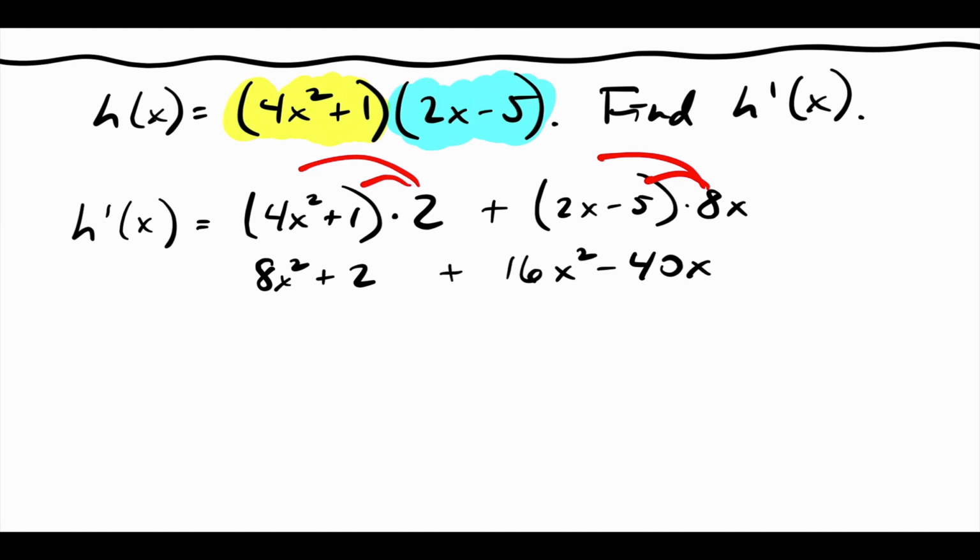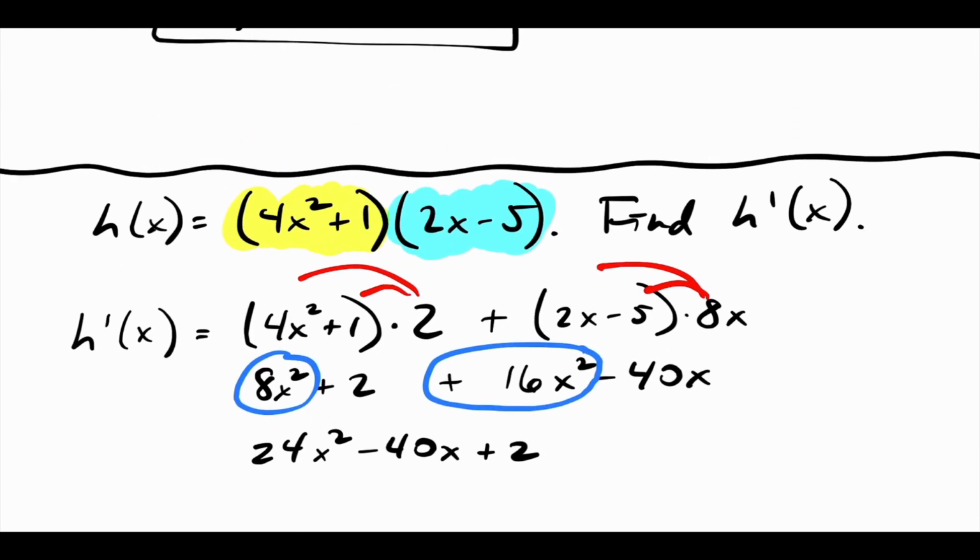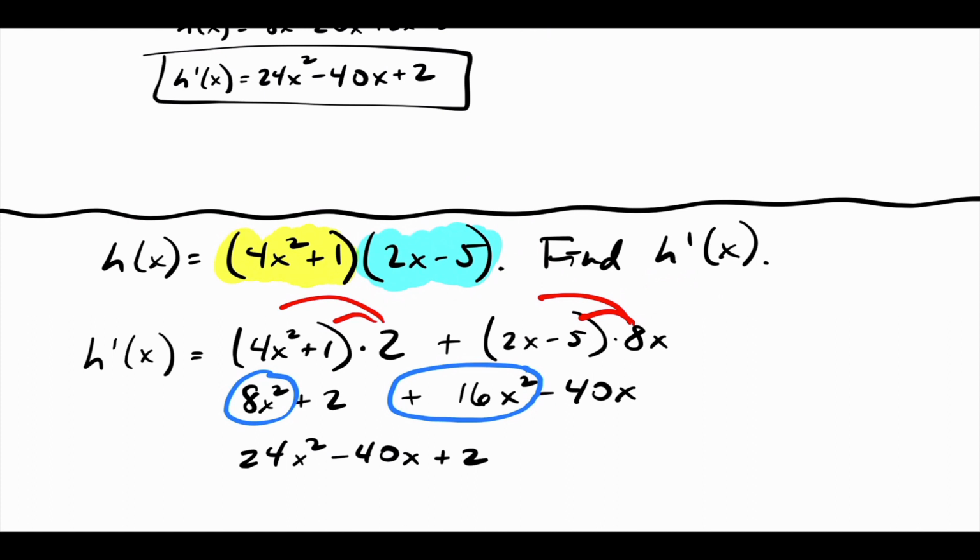Combine like terms. You get 24x squared minus 40x plus 2. That's exactly what we got the last time.